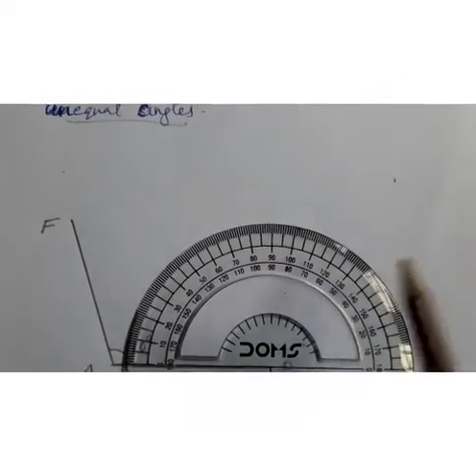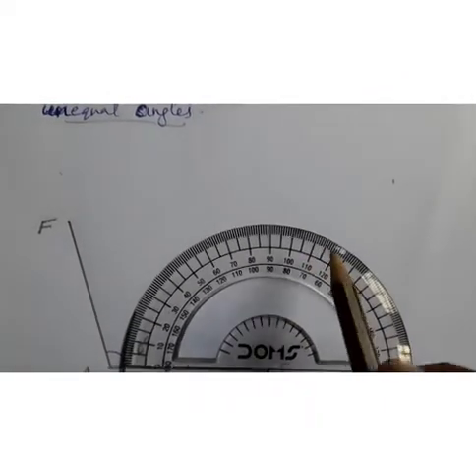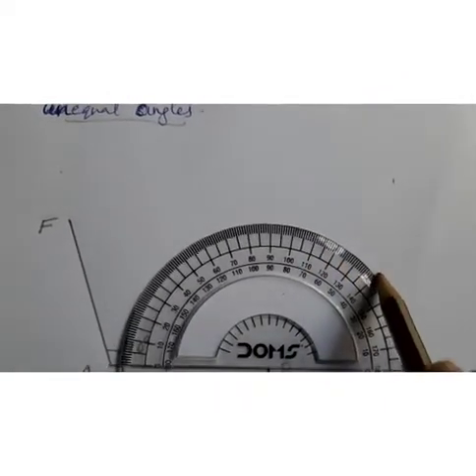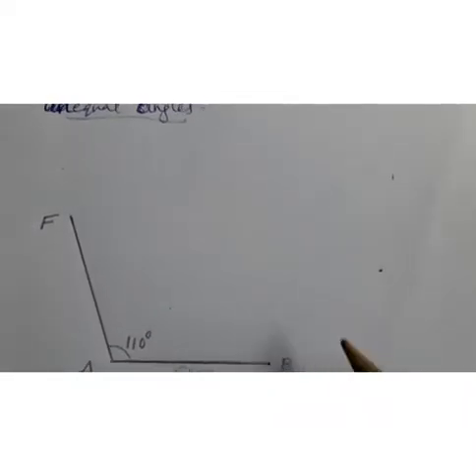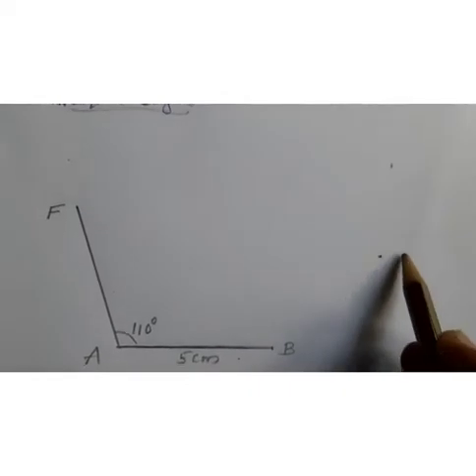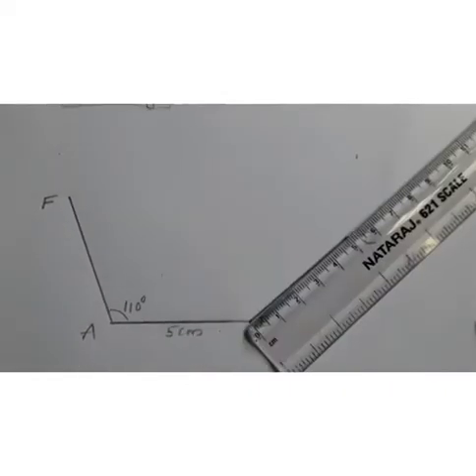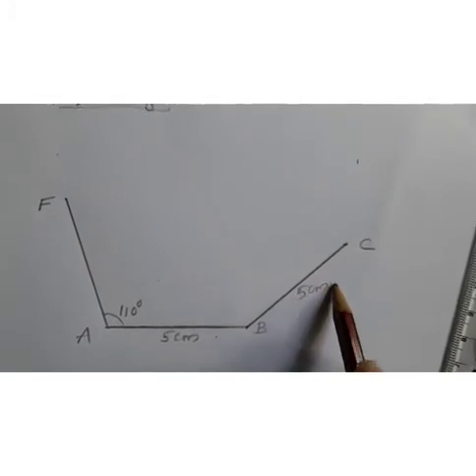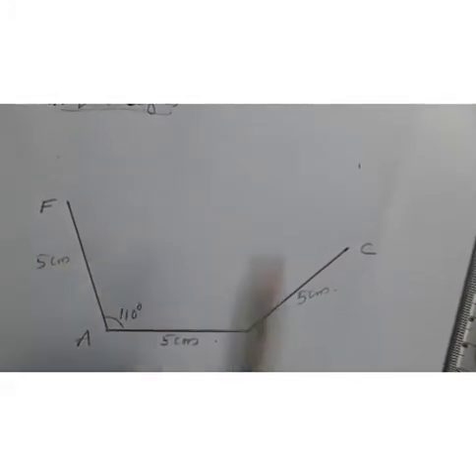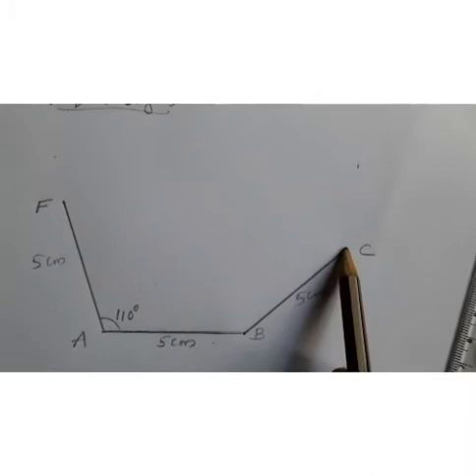In angle B I took 140. Then draw a 5 centimeter line and mark the point as C. Draw a 5 centimeter line BC.